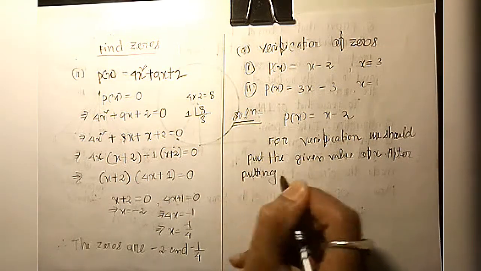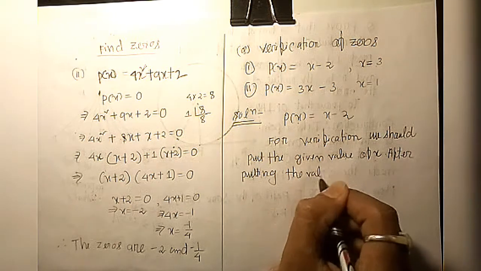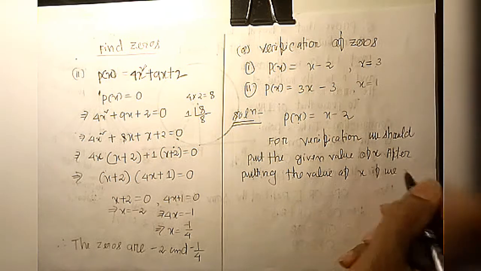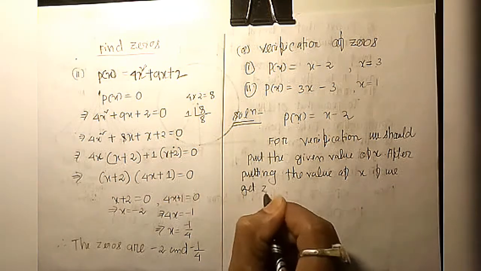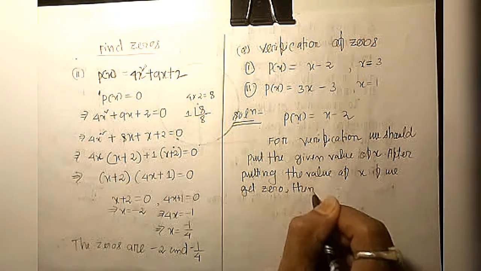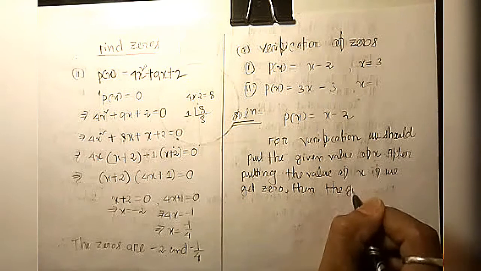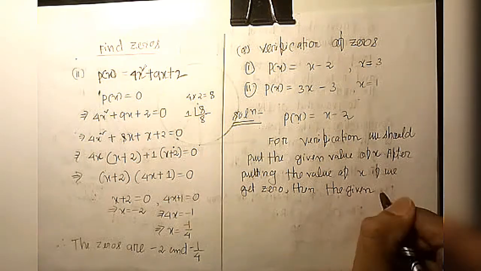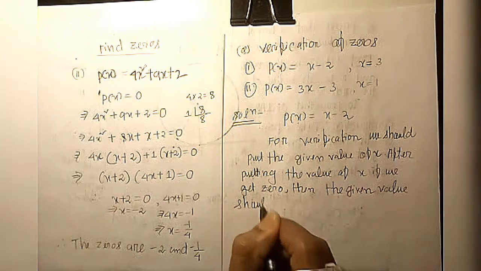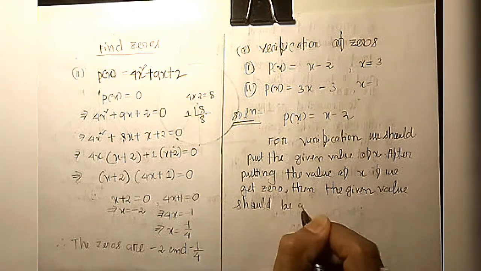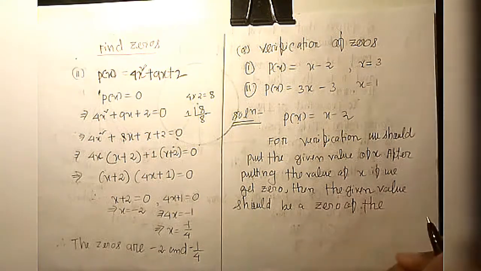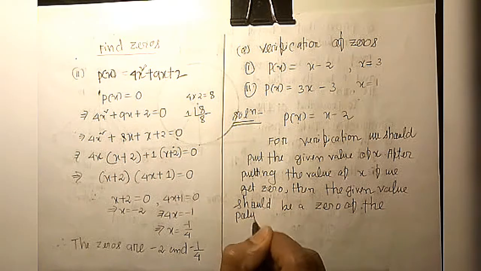After putting the value of x, if we get 0, then the given value should be a zero of the polynomial.